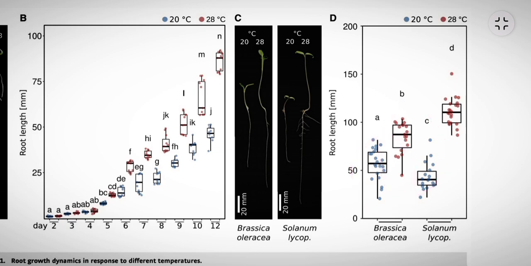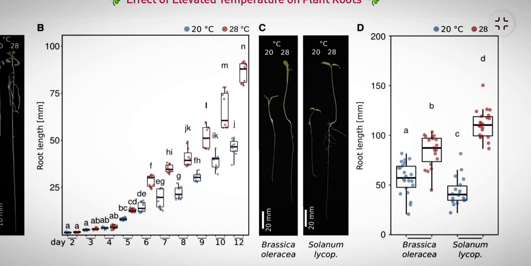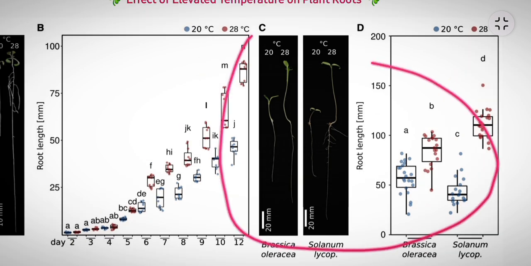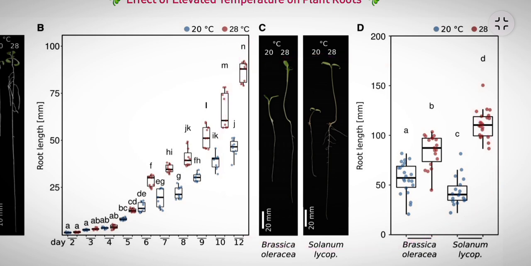And same is the case for Solanum or the tomato species as well. So figure C and D tell us that this phenomenon might not be limited just to Arabidopsis thaliana or one or two species, but this phenomenon is observed in multiple species, and this might be a universal or a general phenomenon.